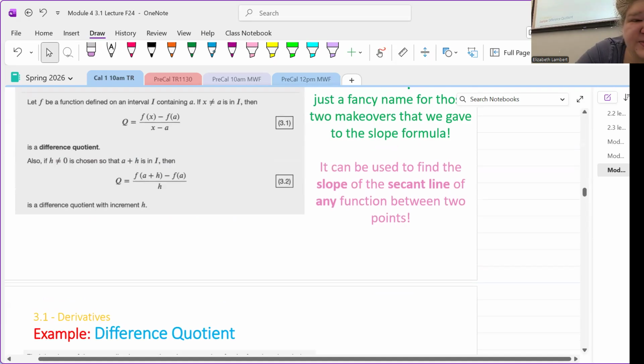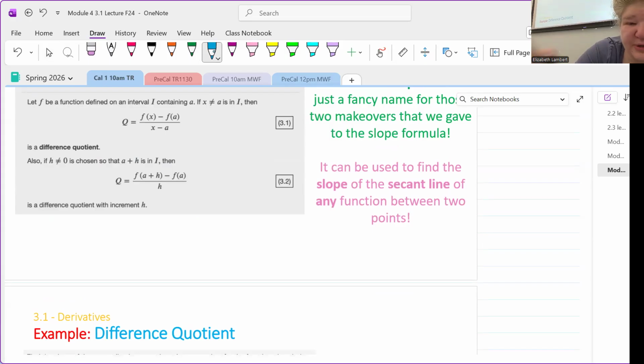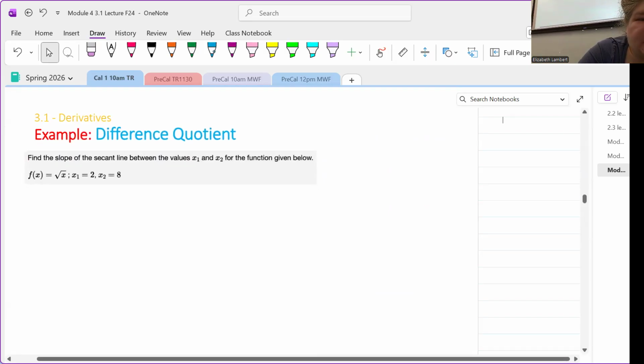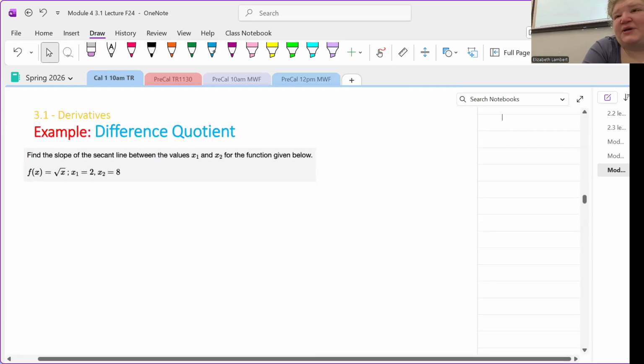So I can use either of these forms to find the slope of a secant line for any function between 2 points on the function. So here, we're not even doing calculus right now. This is all just algebra.